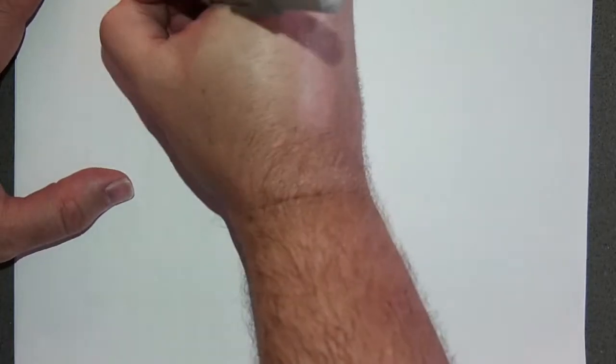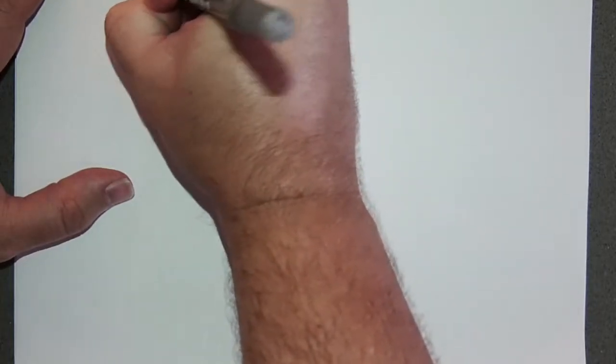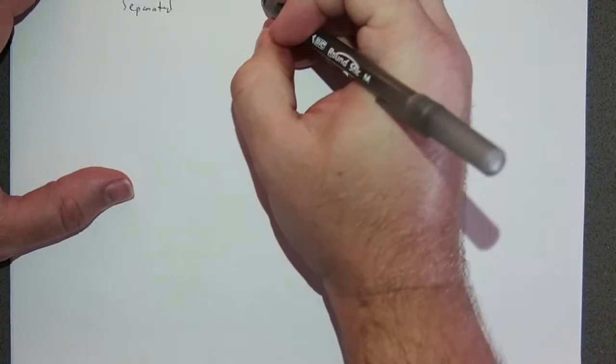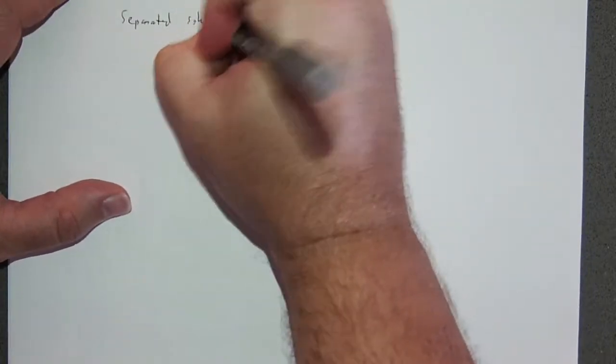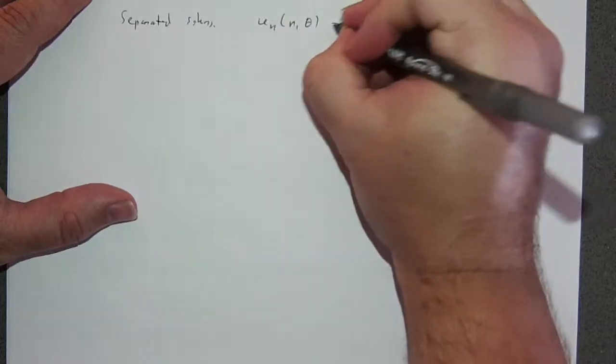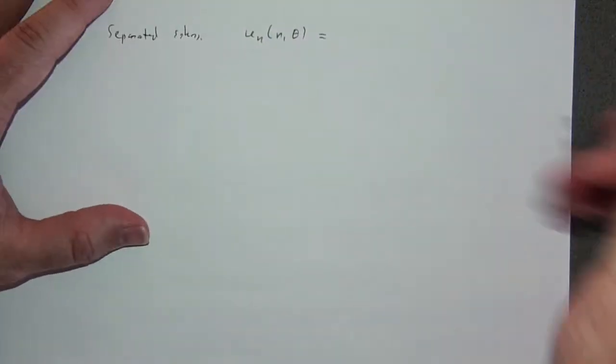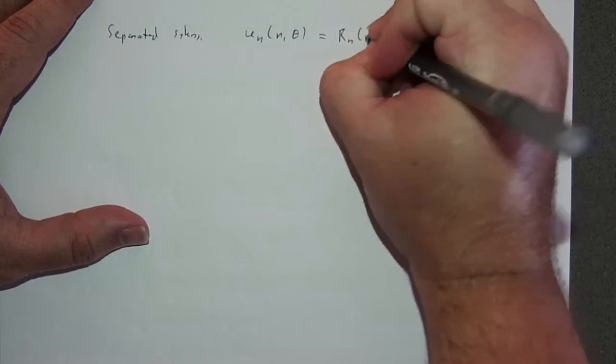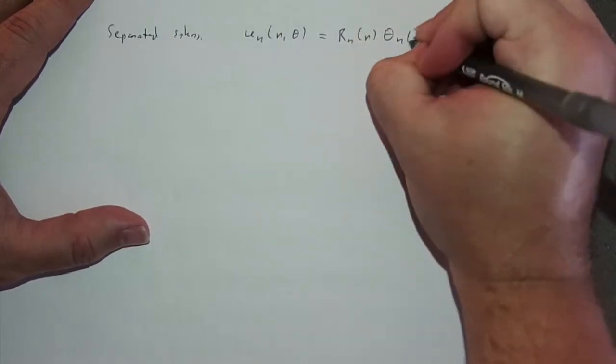Then we have our separated solutions for each n. So u sub n of r theta is R sub n of r times big Theta sub n of theta.